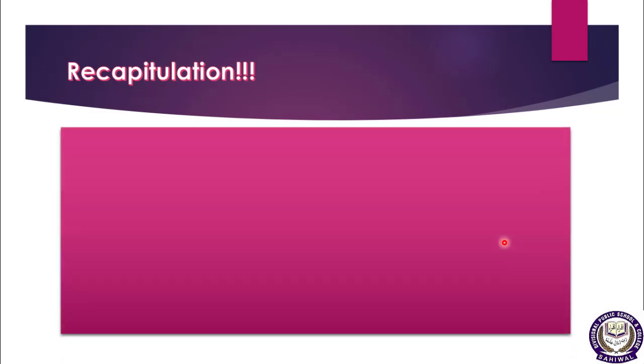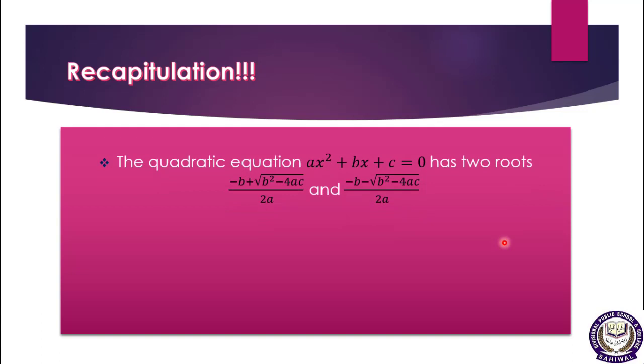Now, let's recapitulate our today's lecture. The quadratic equation ax square plus bx plus c equal to 0 has two roots. These two roots are minus b plus square root of b square minus 4ac over 2a and minus b minus square root of b square minus 4ac over 2a, where a, b and c are real numbers and a should not be equal to 0.